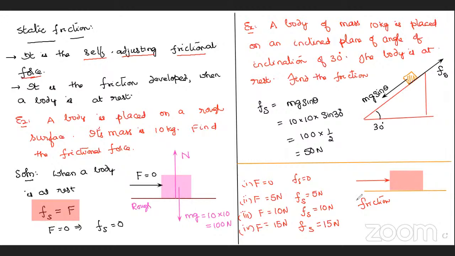So at that time, since it is at rest, the frictional force is also static friction, but it is the maximum value of the static friction. This maximum value of static friction, particularly FMS, is called the limiting friction.